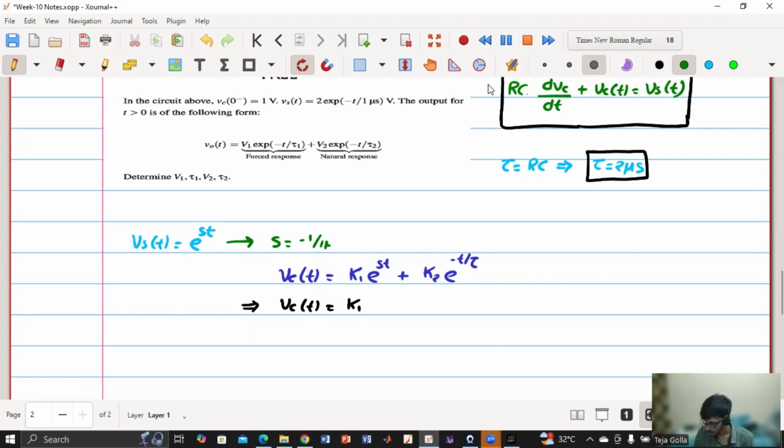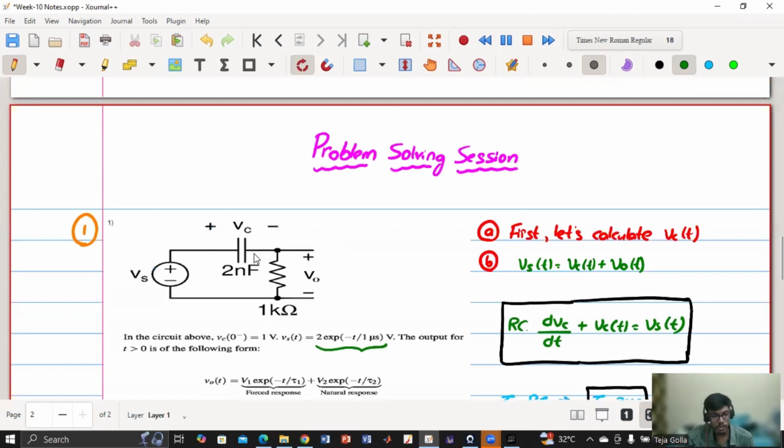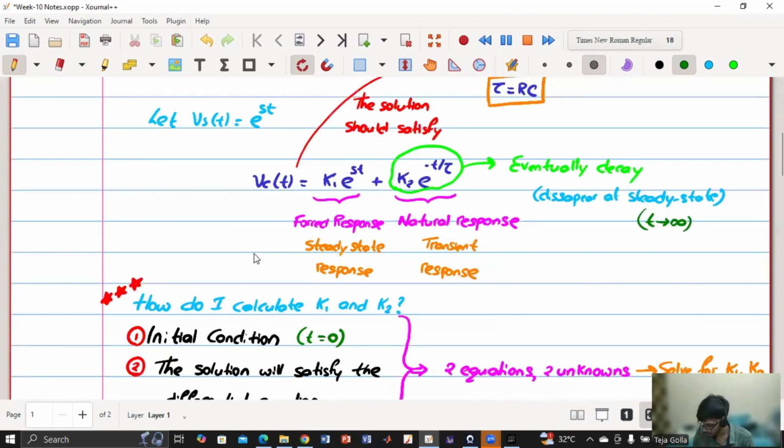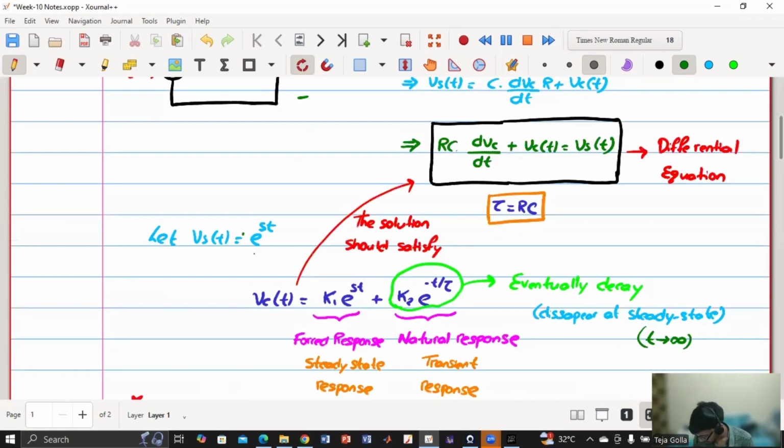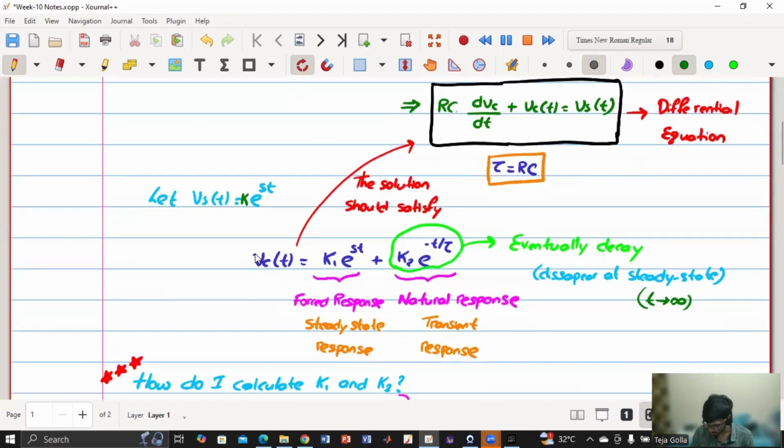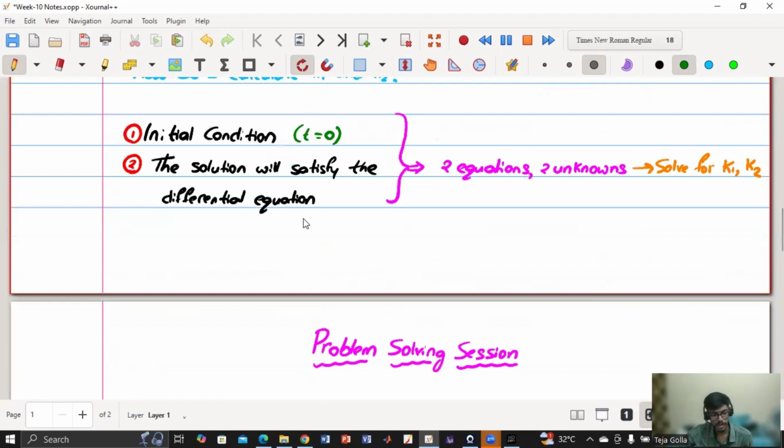If you see, this is the input, right? Actually, I could make it more general and keep some k, k into e to the power st, because anyway it is a scaling factor. Or instead of k, I can write a into e to the power st. The same can be reflected here.